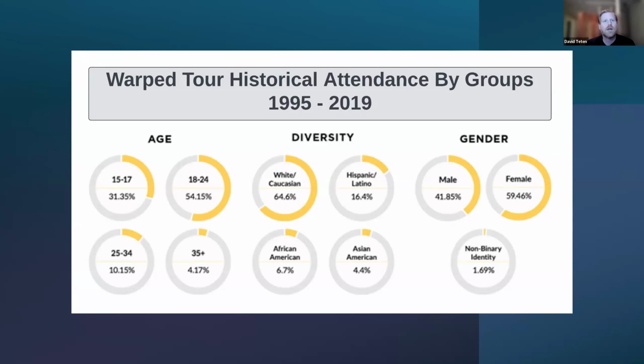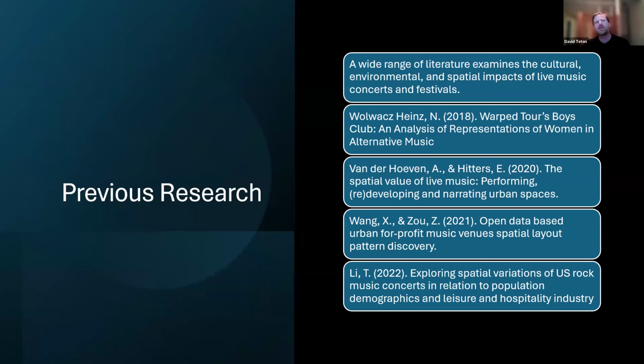So anyways, let's get into some previous research. There is a wide range of literature that examines cultural, environmental, and spatial impacts of live music. However, most of it's qualitative. One of the most important ones specifically written about this is "The Warped Tour Boys Club: An Analysis of the Representation of Women in Alternative Music."